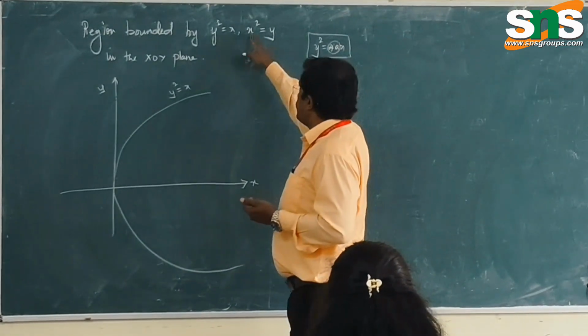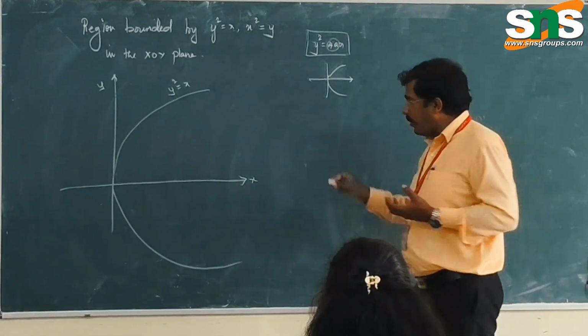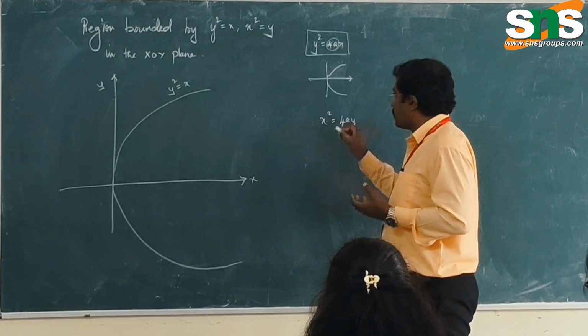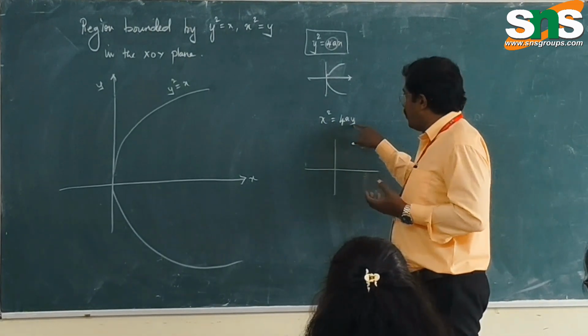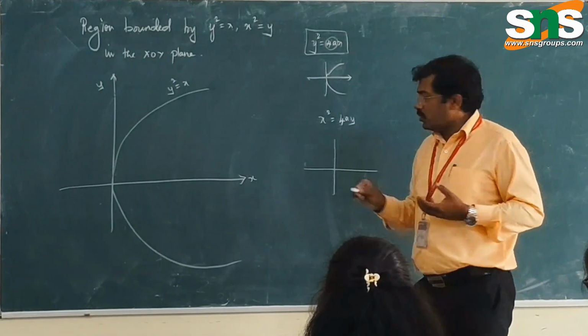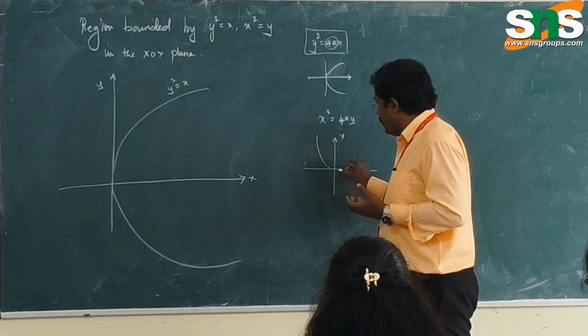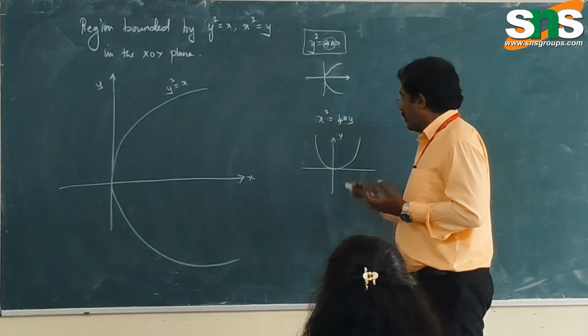Now, what about x square equal to y? Again, we can think of the general form, x square equal to 4ay. Here you can see y is positive. So along the positive y axis, we can draw the parabola curve.